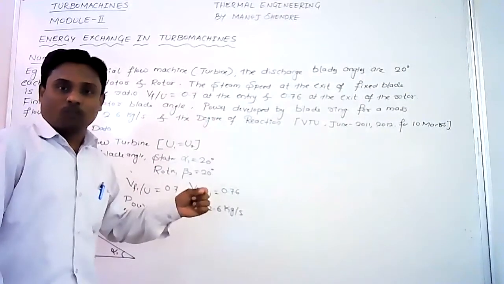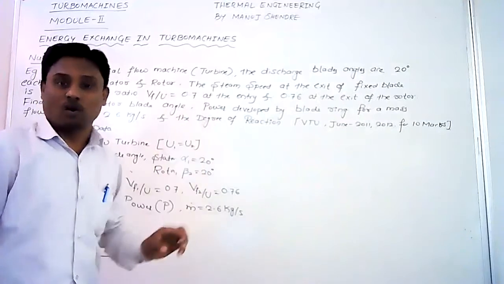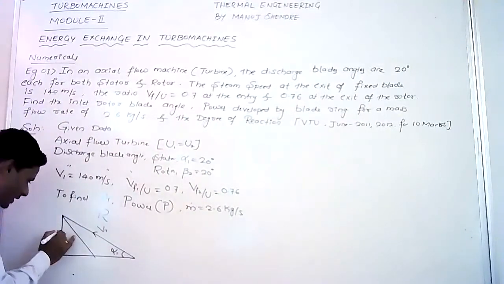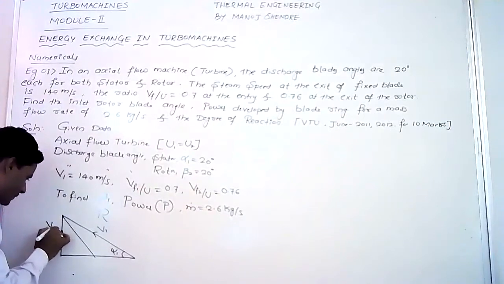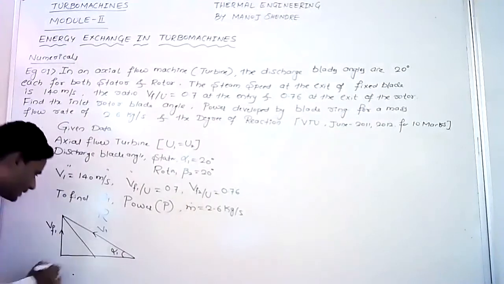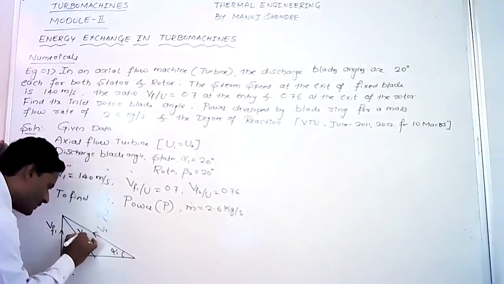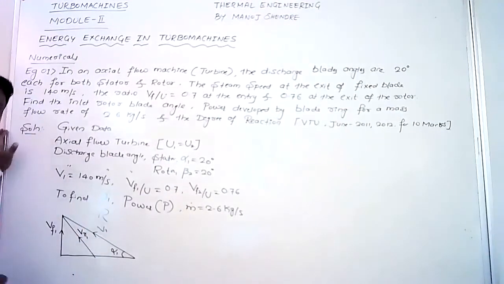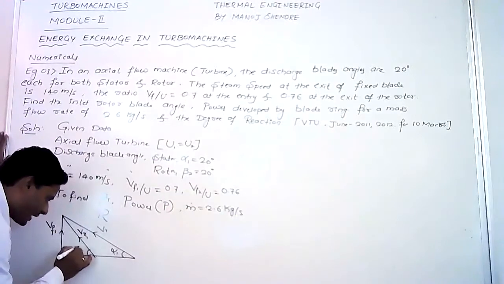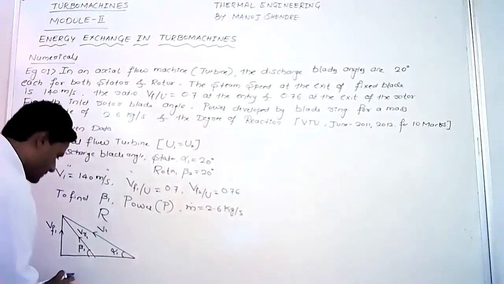One is the vertical component, another is the horizontal component, and the third is the inclined component with respect to the horizontal. The first is the vertical component, VF1, the flow velocity component. Next is the inclined component, VR1, the relative velocity component, which makes an angle beta 1 with the horizontal.